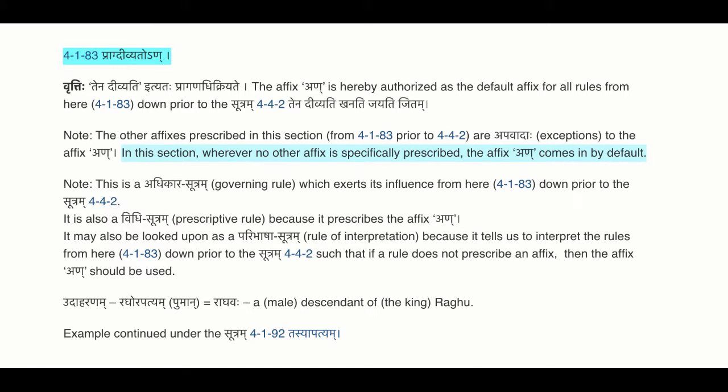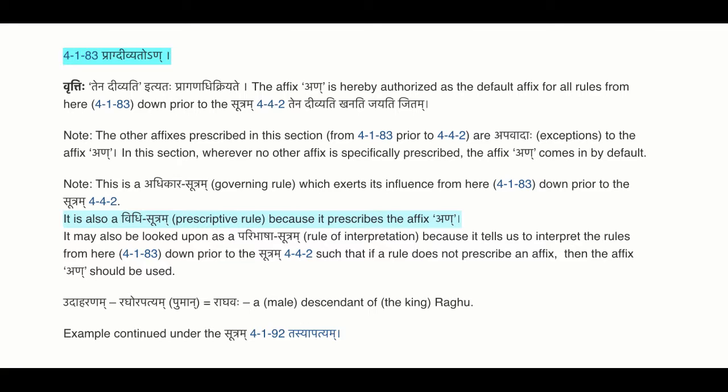The next note says, this is the Adhikara Sutram, a governing rule, which exerts its influence from here, that is 4.1.83, down prior to the Sutram 4.4.2. Because the sutram says, Pragdivyataha. So that sets the domain of the Adhikara. This is the Adhikara Sutram. It is also a Vidhi Sutram, a prescriptive rule, because it prescribes the affix an.